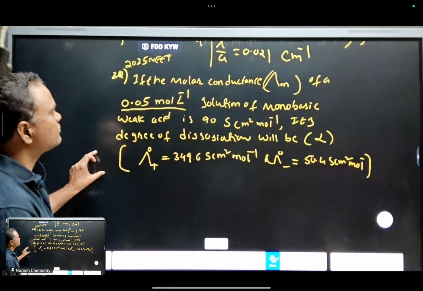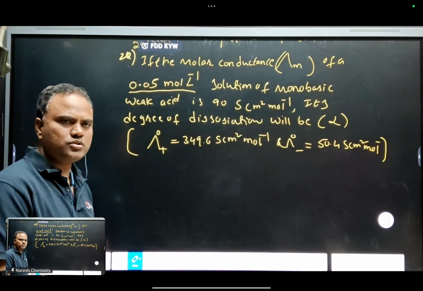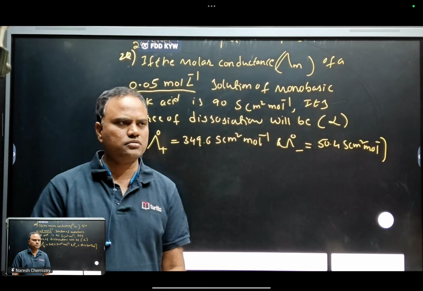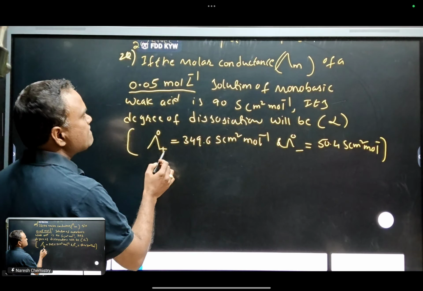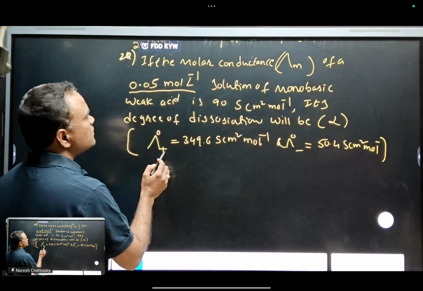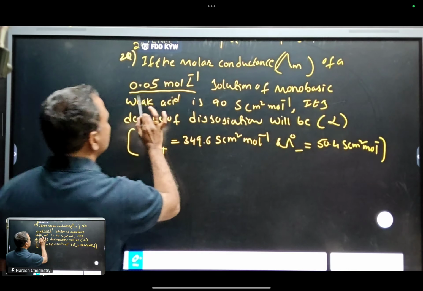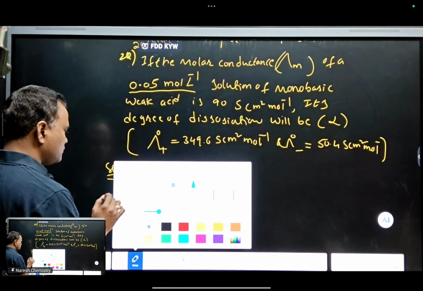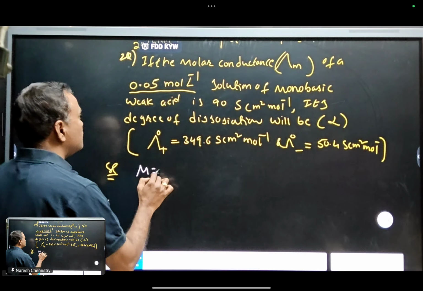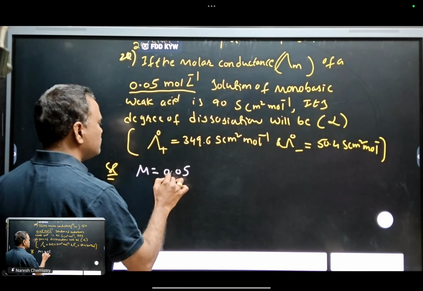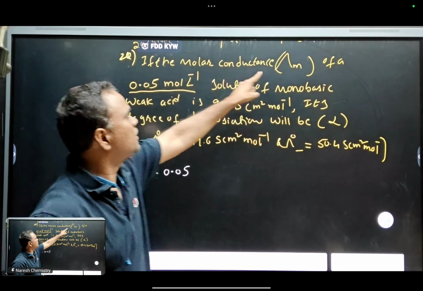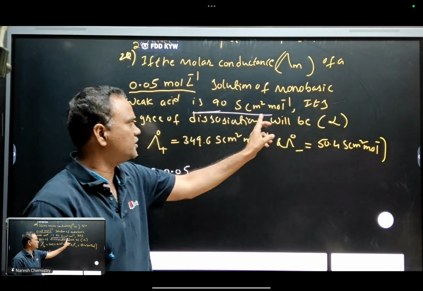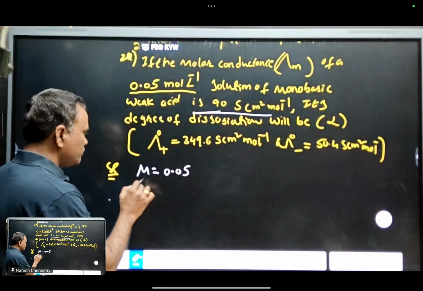See all of you, stoichiometry basics will also come. All first year physical chemistry will come in the second year. The molar conductance of 0.05 mole liter inverse means the molarity is 0.05. The statement ends here.